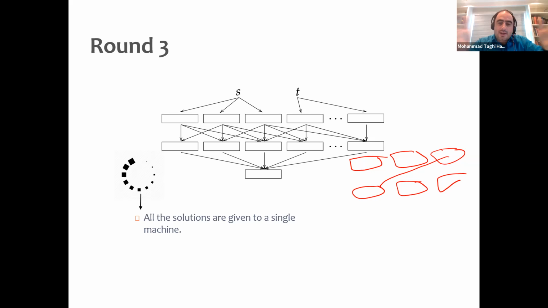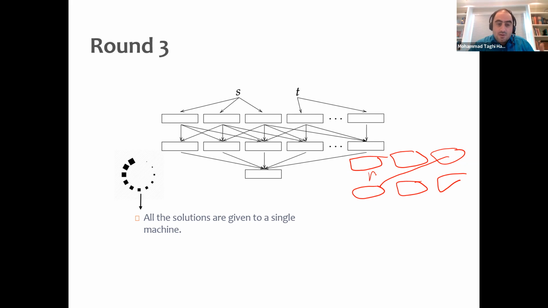Then I will get all this information in one machine, and in one step, I will compute essentially the edit distance between these two super strings, because each string here has size n of the original.